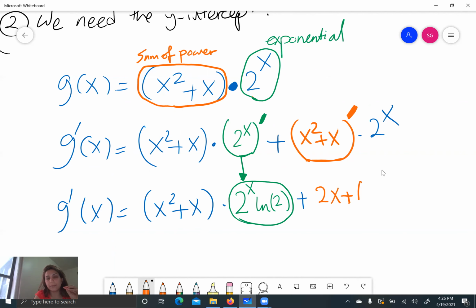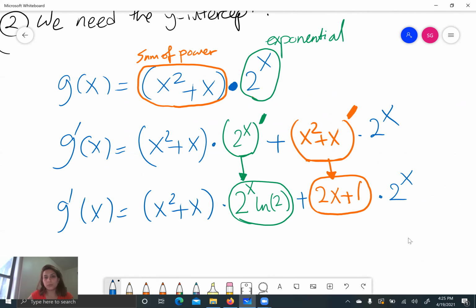So just add them: 2x plus 1 is the derivative of x squared plus x, and then multiplied by 2 to the x.